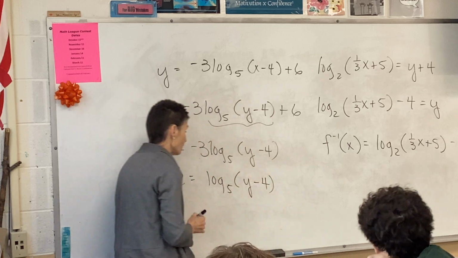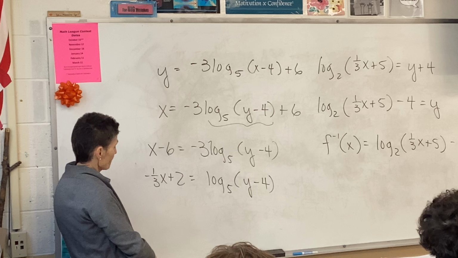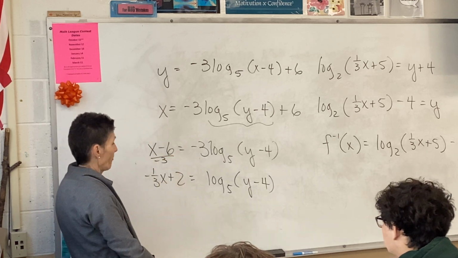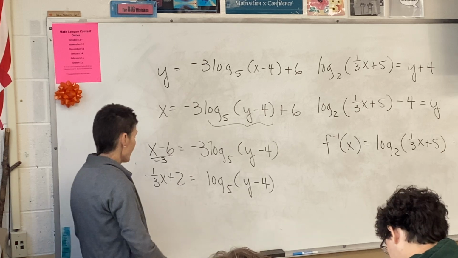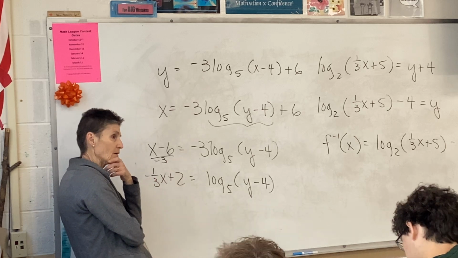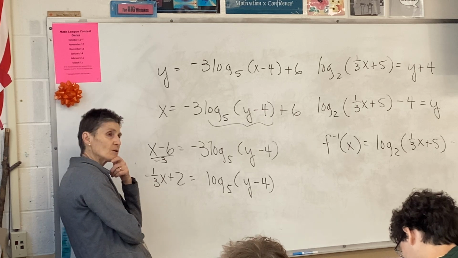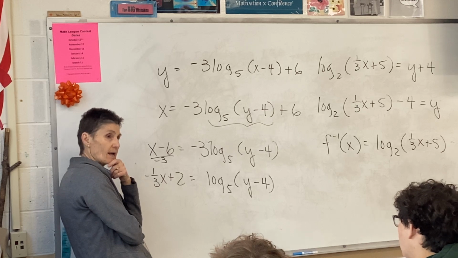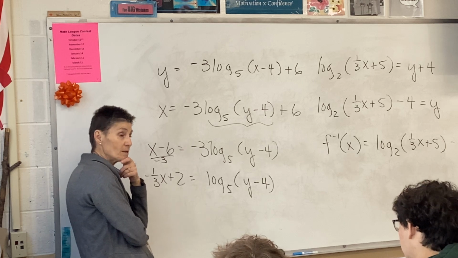Truly, makes no difference at all. Okay, here's where we are. I'm trying to get y by itself. What do you think I might do? Alex? Do the logarithm. Yep, we're going to loop-de-loop this thing.